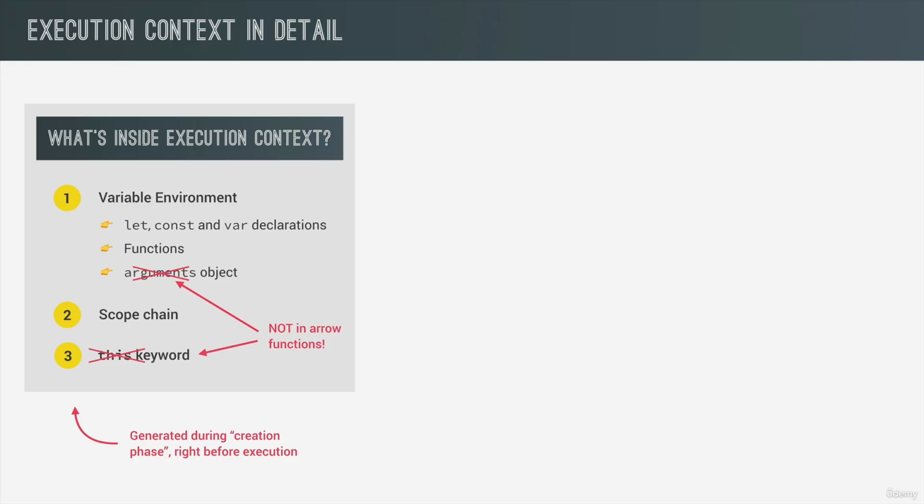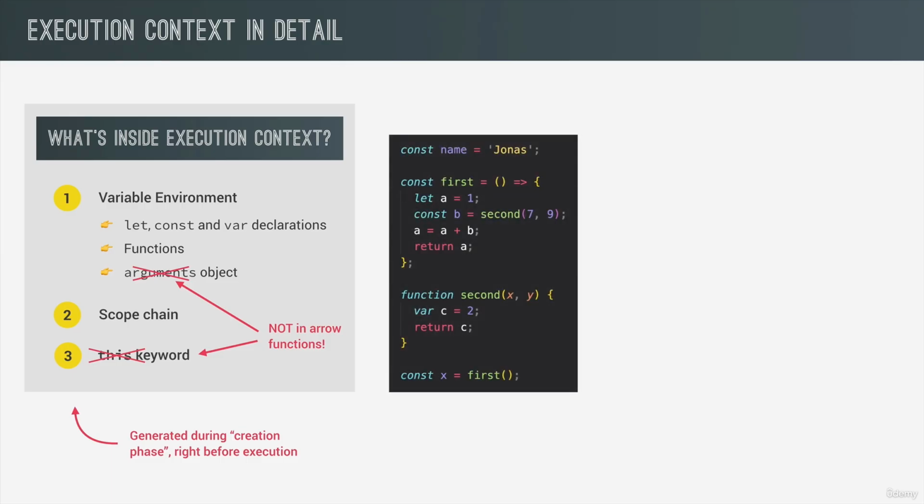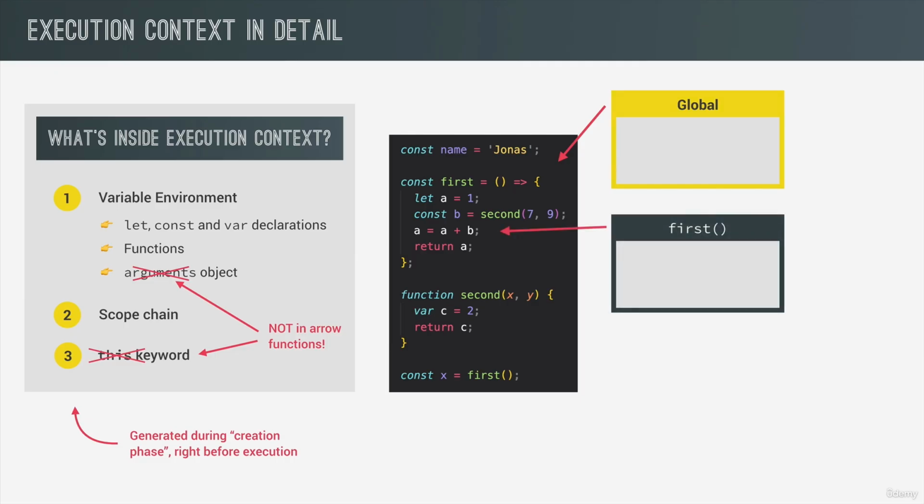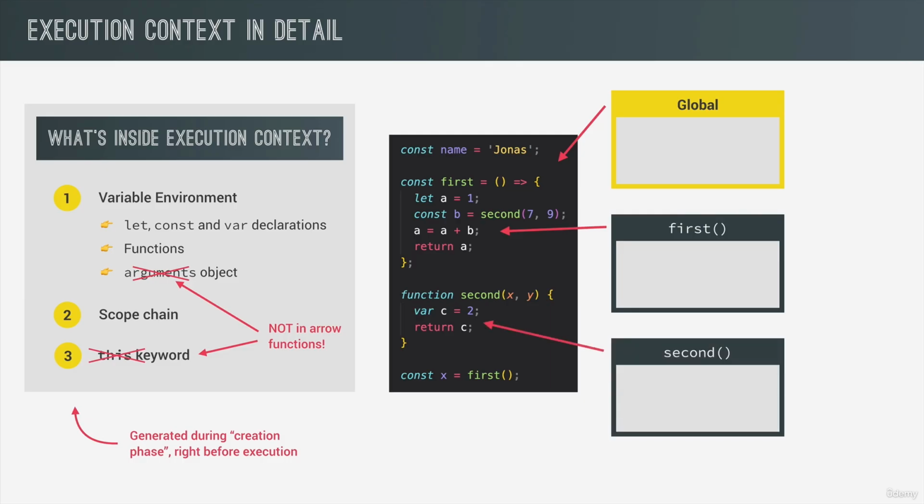And now let's actually try to simulate the creation phase for this code example here. So, as you hopefully know by now, we will get one global execution context and one for each function. So one for the first function and one for the second function. In the global context, we have the name variable declaration, the first and second function declarations, as well as the x variable declaration.